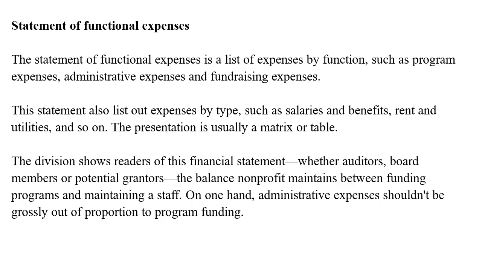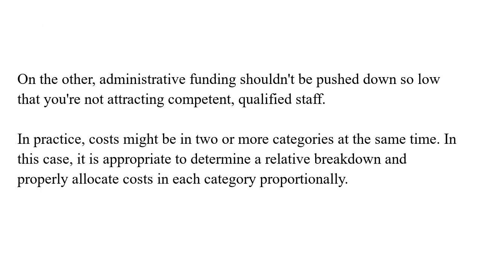On one hand, administrative expenses should not be grossly out of proportion to program funding. On the other hand, administrative funding should not be pushed down so low that you are not attracting competent, qualified staff.